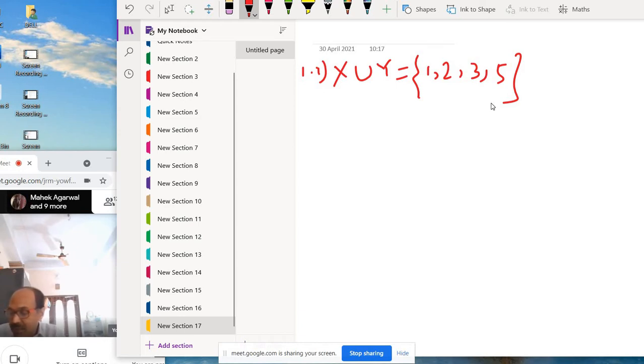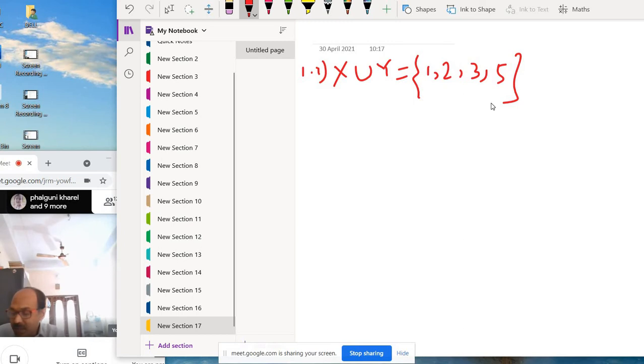Question number 3: A is the set of x where x is a natural number and a multiple of 3. So multiples of 3 are 3, 6, 9, 12. And B is the set of x where x is a natural number less than 6.